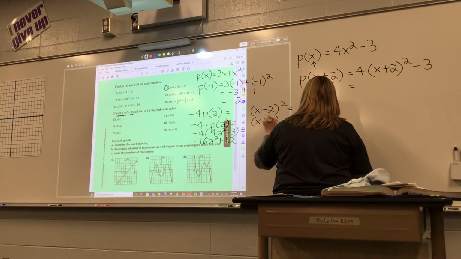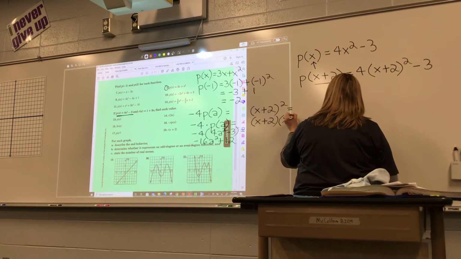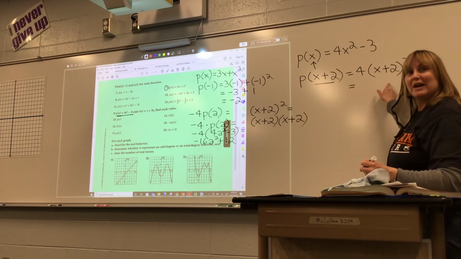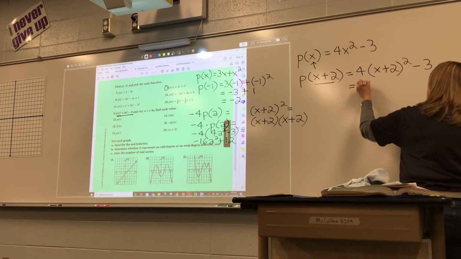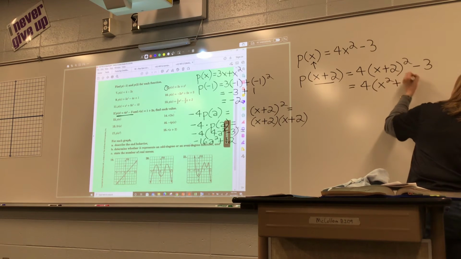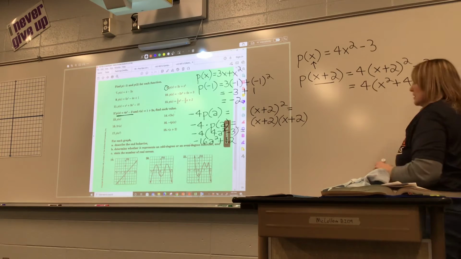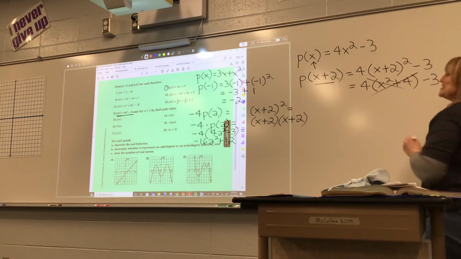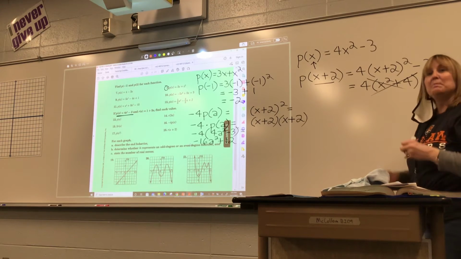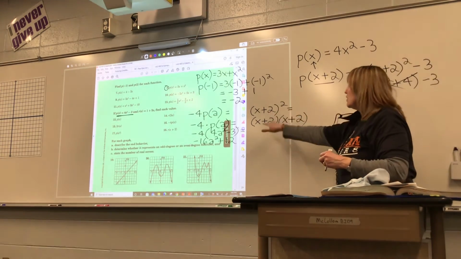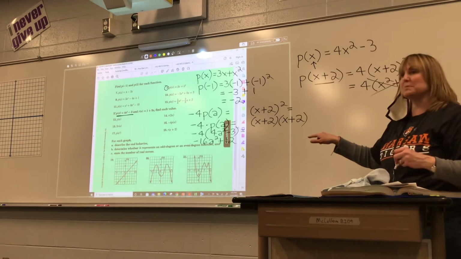What a lot of students mistakenly do is they just square x and they square 2, and they write 4, and then x squared plus 4. But that's a big fat no. That is not what happens. Because you have to square the binomial, that literally means 2 factors of the quantity x plus 2.